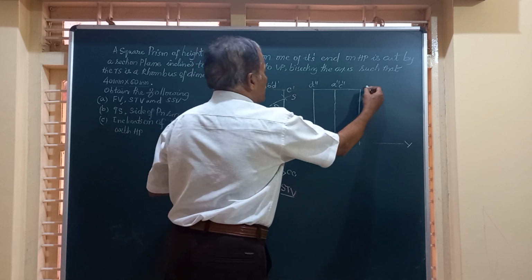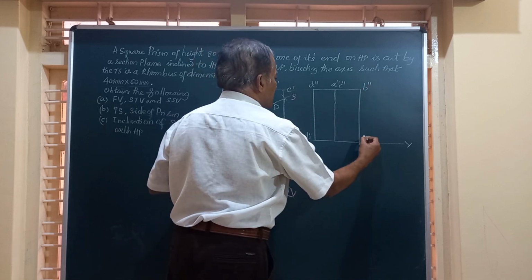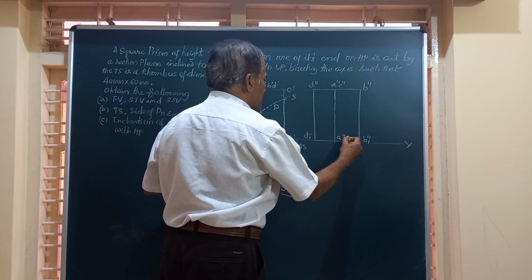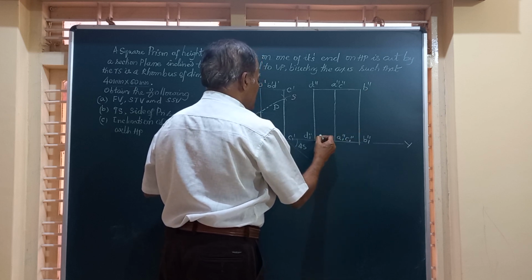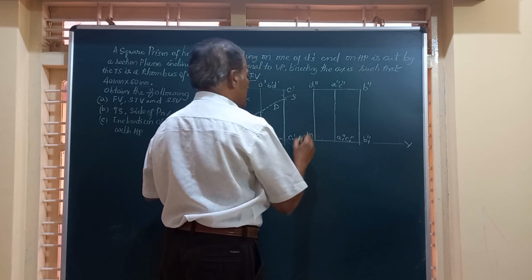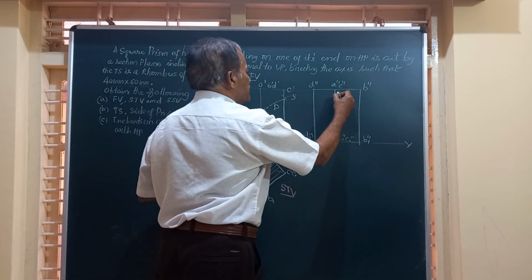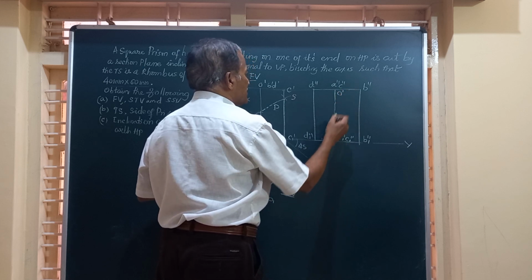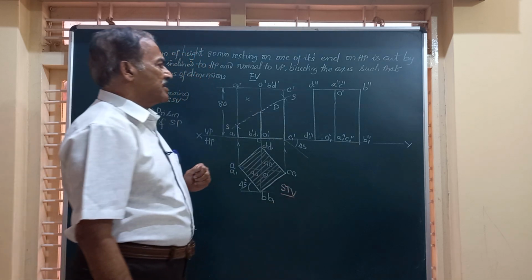Last is B double dash. Bottom line, you are going to have B1 double dash, A1 double dash, C1 double dash. This is D1 double dash. O dash you have got here, and this is O1 double dash.